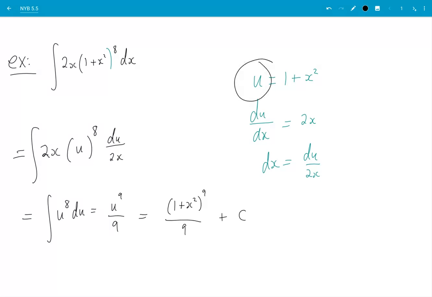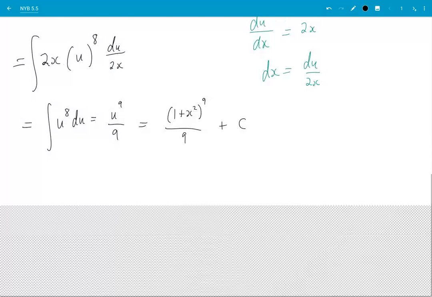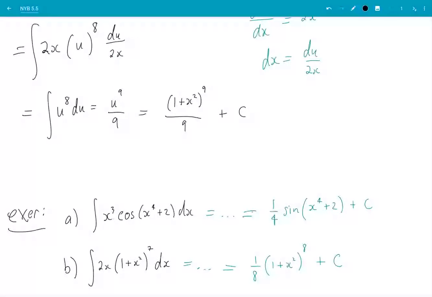You plug this thing. This u goes here. And then this guy over here ends up right there. Now, let us try a couple exercises to practice.